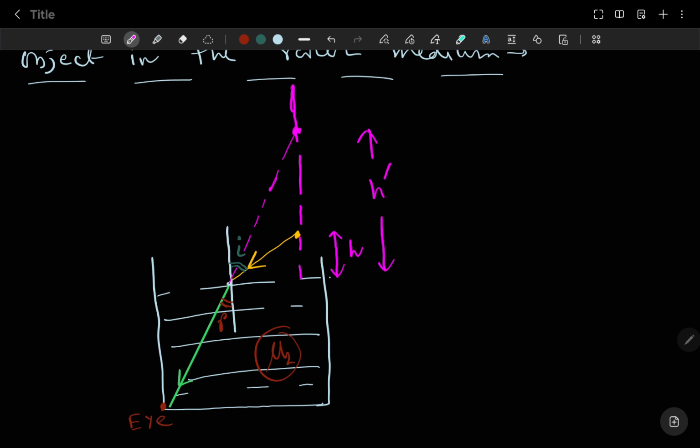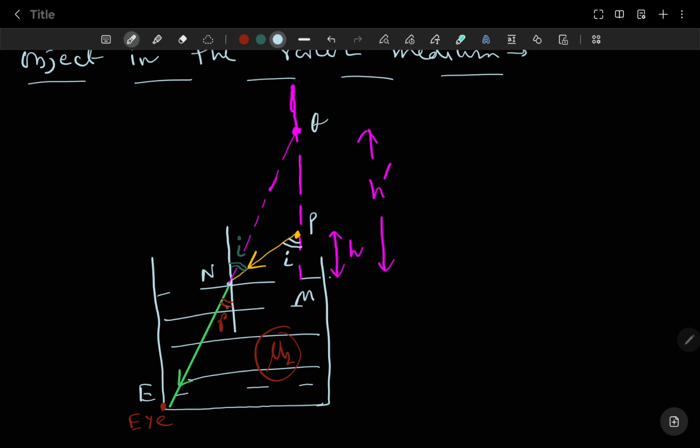Call it m, n, this is e, this is p, this is q. Okay, so if this angle is i, this is alternate angle i.